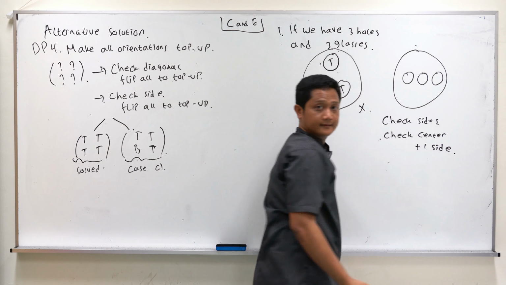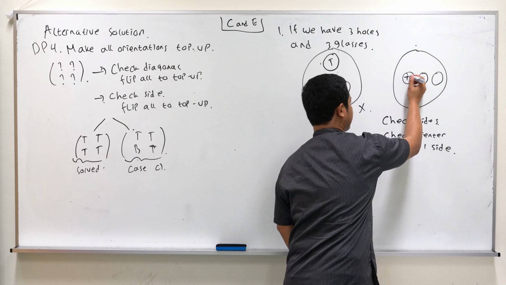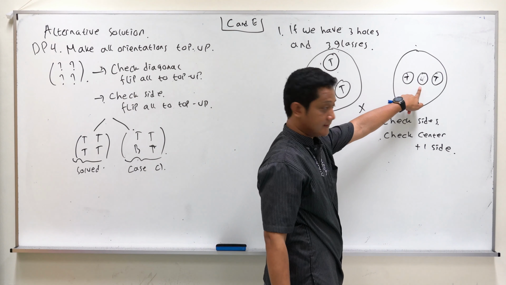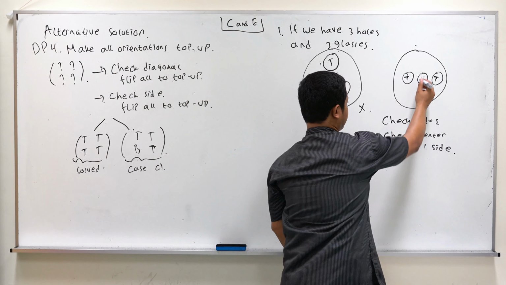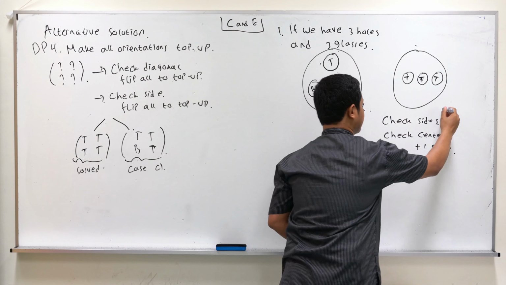For example, when we check sides, we force it into TT. We force here TT, the side become TT, and then we put our hand in the center and force it into T. Done. So this one possible.